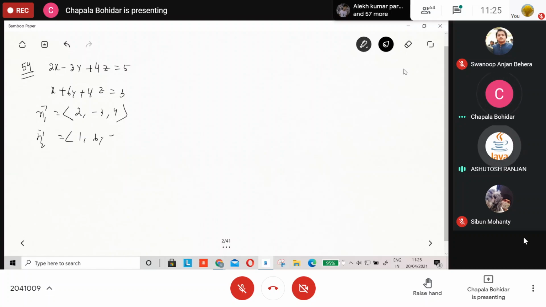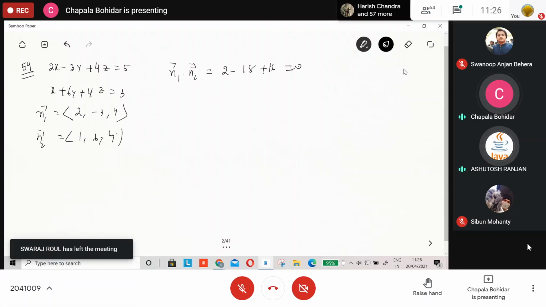N1 dot N2 is 2 minus 18 plus 16, which is 0.